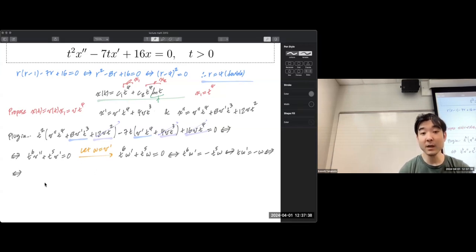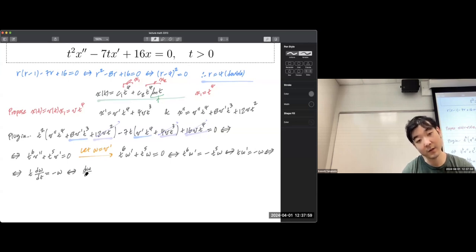And then I'll write the w prime as really dw over dt is equal to negative w. And you can divide both sides by t, divide both sides by w, so you get dw over w is equal to, I'm going to multiply by dt, so the negative dt over t.